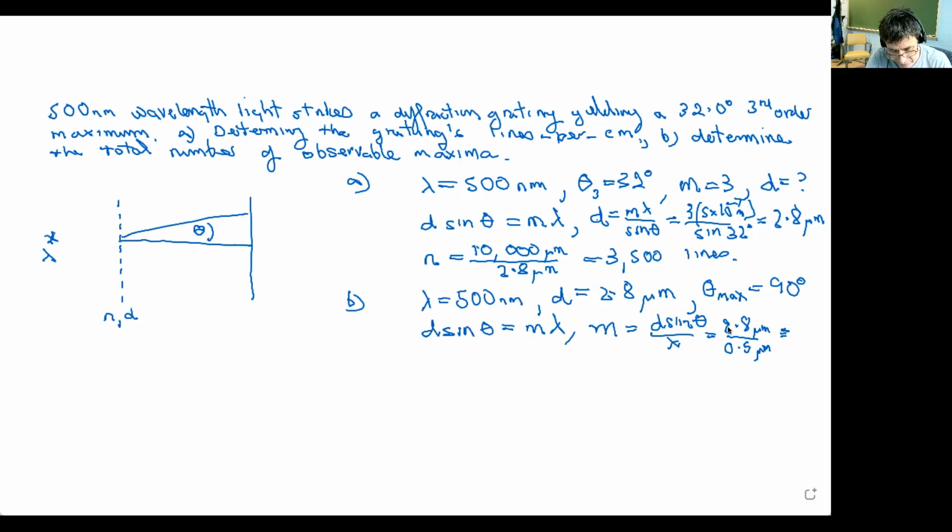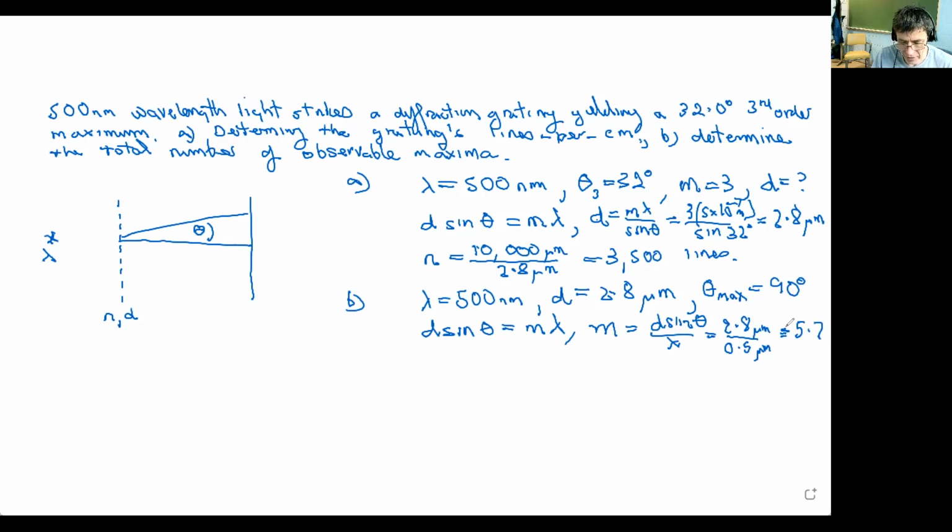And if I take this ratio here, I get 5.7. And so this equation is telling me that for 90-degree diffraction, the integer m is 5.7.